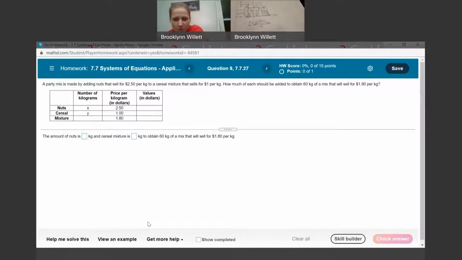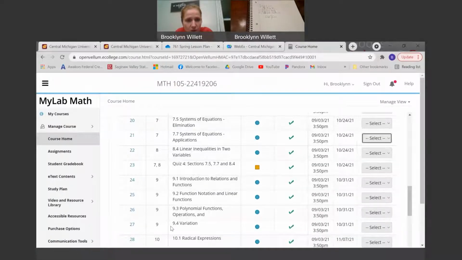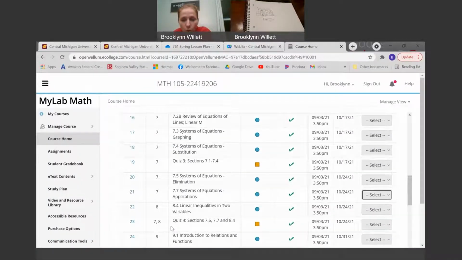Again, elimination or substitution are probably equally as efficient, I would say. So use whatever is preferred by you, whichever method you click with better. To save some time, I'm not going to go through and solve with elimination or substitution, but if you need to refresh on those, then I would encourage you to watch some lesson videos from sections 7.5 and 7.4.